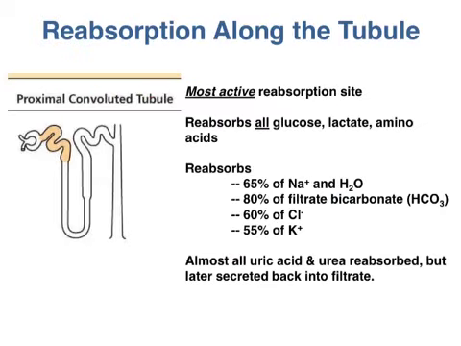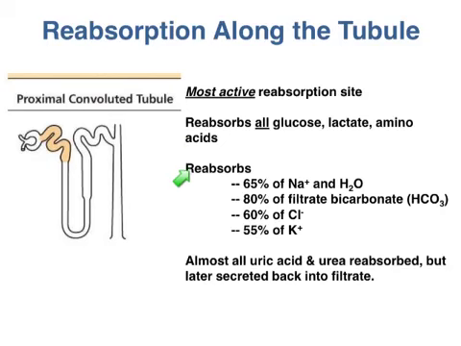All right. This slide and the next couple of slides talk about where reabsorption happens along the nephron. It really happens in a variety of locations, but the type of reabsorption that happens varies a little bit. As I've mentioned, the proximal convoluted tubule is where most reabsorption happens, so you get a lot of nutrient reabsorption.